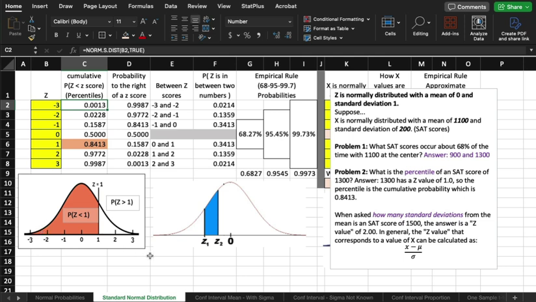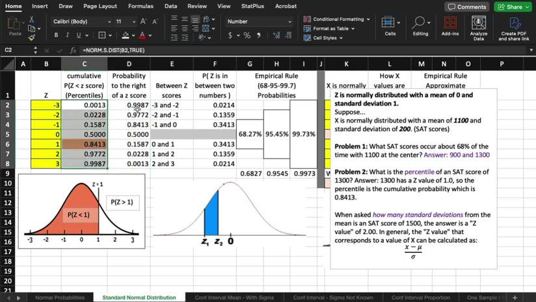So you can only talk about probabilities of intervals, like between two values of z. Those probabilities are here. Then you've got probabilities to the right of a value of z, those are here, and probabilities to the left of a value of z, those are all here.